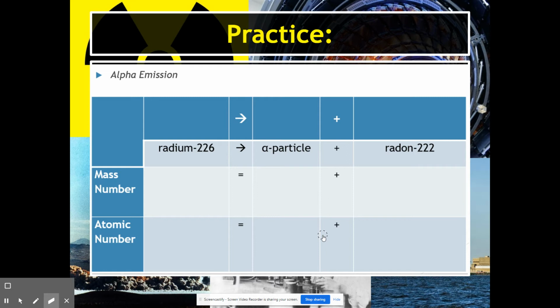So now to do some practice, we're going to do some alpha, some beta, and some gamma practice. Our first one is alpha. So we're going to start with radium-226. The mass number is 226. And radium's atomic number is 88. So I'm going to go ahead and write that up here.